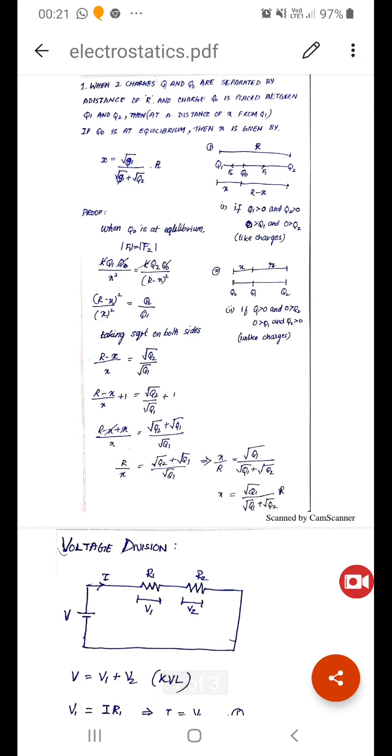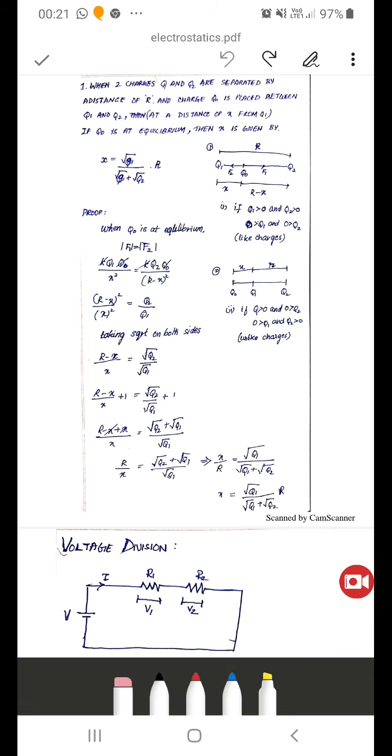To summarize, we have learned three formulas. The first is x is equal to root of q1 divided by root of q2 plus root of q1 into r, where x is the distance between q1 and q0, where q0 has to be placed in between q1 and q2, on the line joining q1 and q2, and r is the distance between q1 and q2.